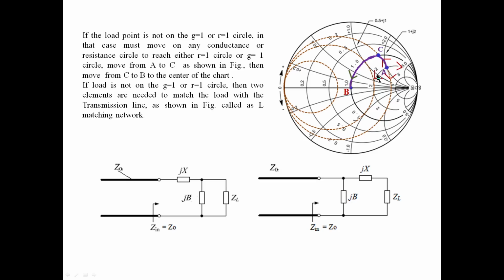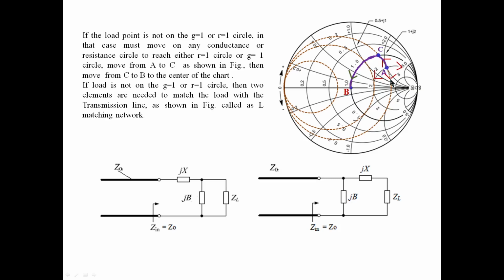Actually, what you have to do is move over this circle or the conductance circle. That's why you should first identify which resistance circle is passing. See, this is the resistance circle passing, it is 2 in this case. And you should also identify the conductance circle passing through the same point. This dotted line I have shown is the conductance circle that is also passing.